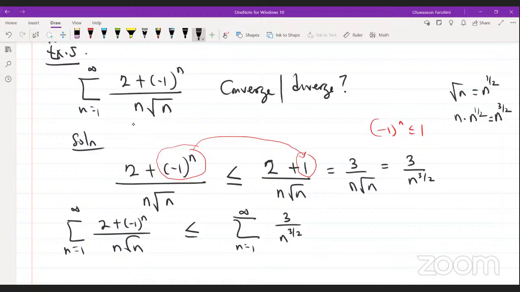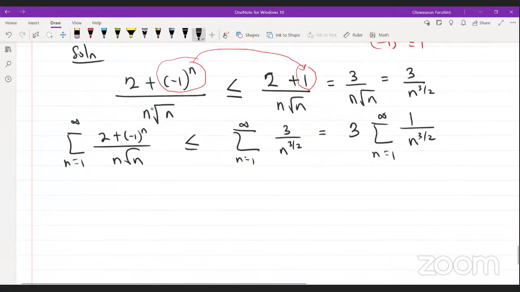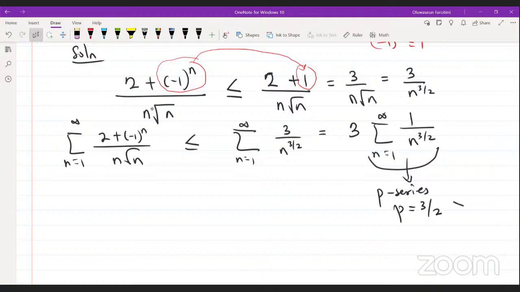Okay. So, but this is a series. 3 is a constant. You can pull it out. 1 over n to the 3/2. Talk to me, guys. What kind of series is this? This is a p-series, okay? My p is exactly 3 over 2, which is bigger than 1. What do we say, guys?